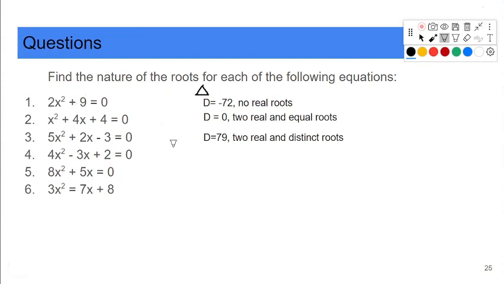Okay, so the next one. Negative 23. Correct. No real roots. Next one is positive 25.